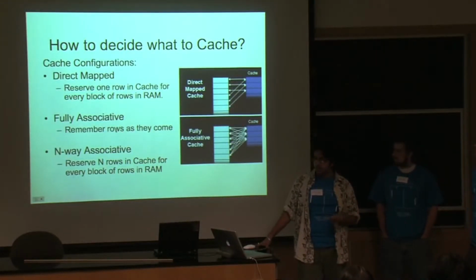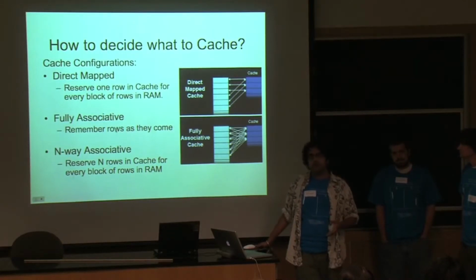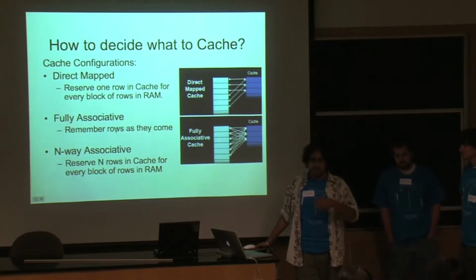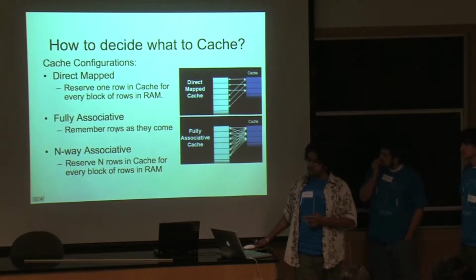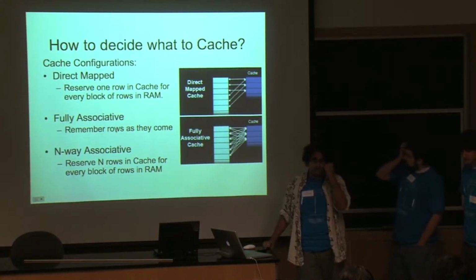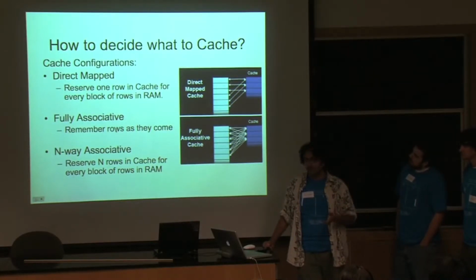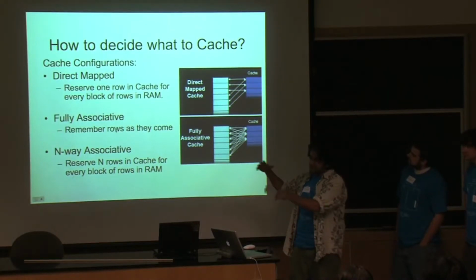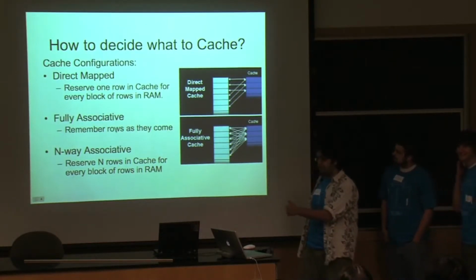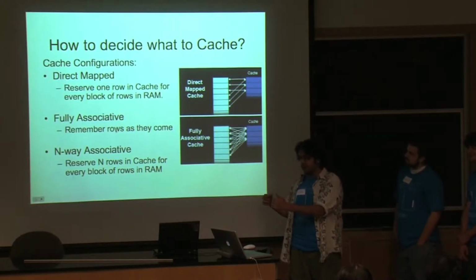But the problem with building a cache is how do you decide what part of the program is more urgently needed? And there are two different schemes and a hybrid scheme for designing caches. So you have direct map cache, which is kind of like a democracy where each memory gets divided up into blocks, and each block gets a row reserved in cache.